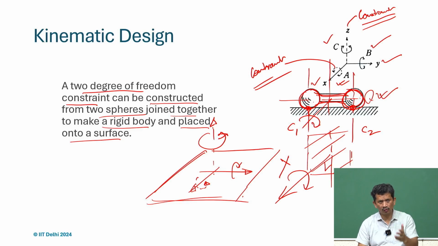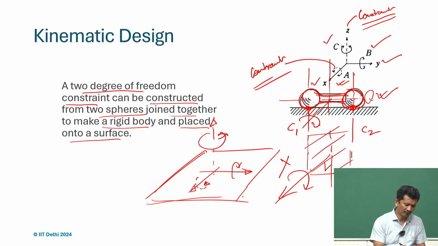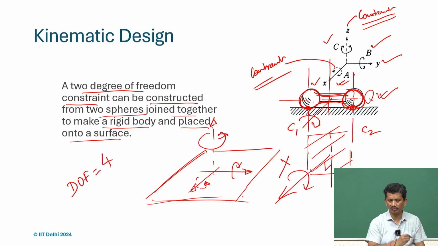So, two contacts, two constraints, and we have a total number of degrees of freedom here of 4. So, that also we get if we say for a general body it is 6 minus 2 constraints or 2 contacts.